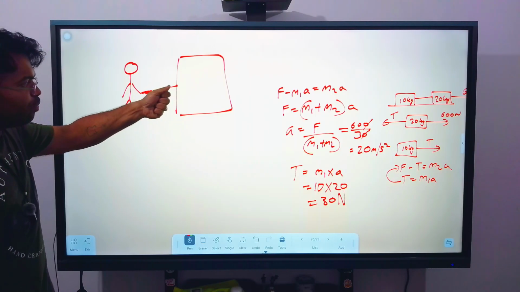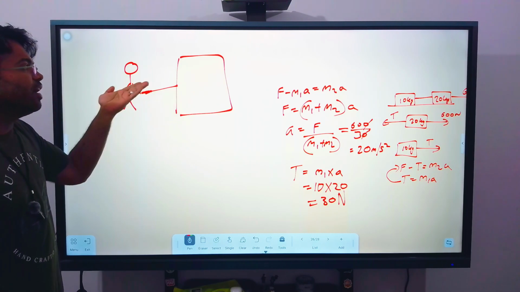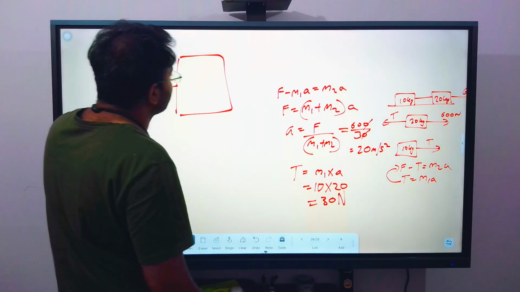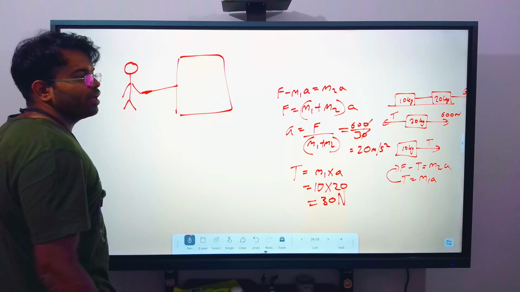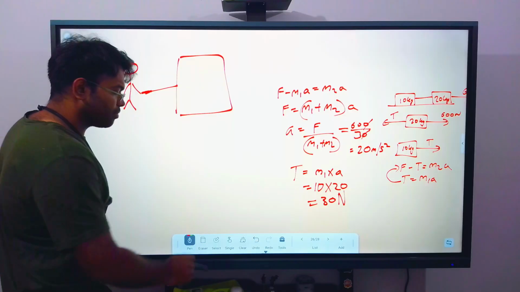You're trying to pull the mass towards you. Because it is heavier, the tension will be higher. But if the mass tries to pull you, the tension will be lower. Clear?